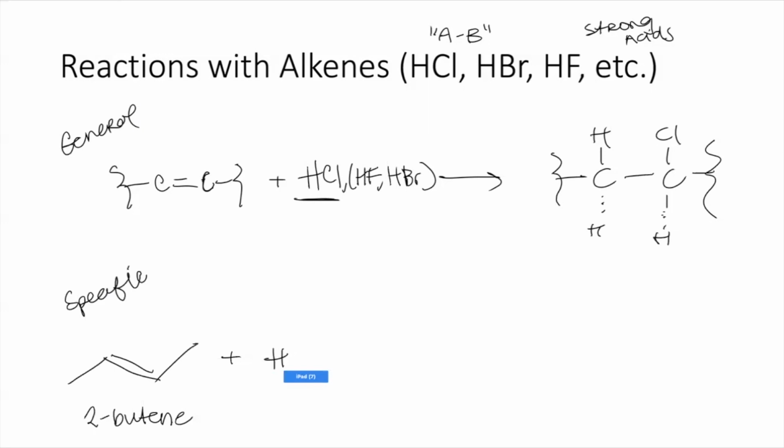So if I was to add HCl to 2-butene, it's going to break that double bond and add a hydrogen and a chlorine to the structure. And because most of our hydrogens, if not all of our hydrogens, are implied, it doesn't matter if I put on that hydrogen or not.